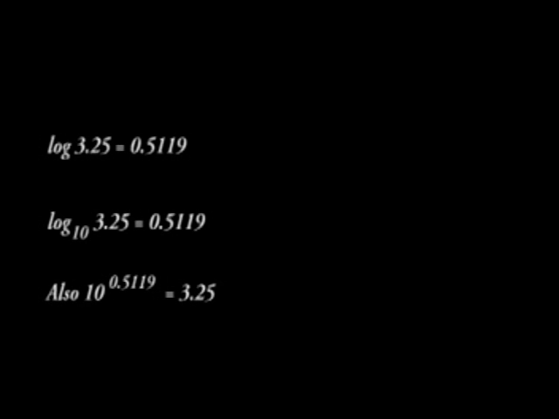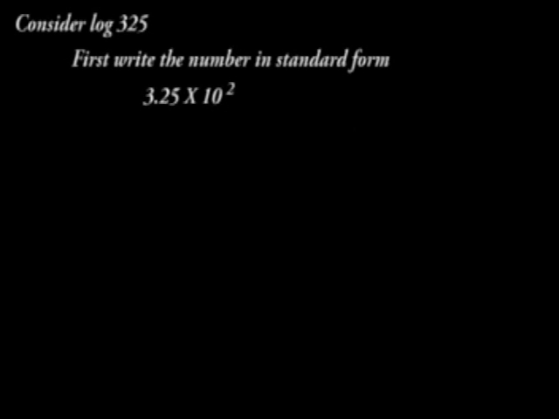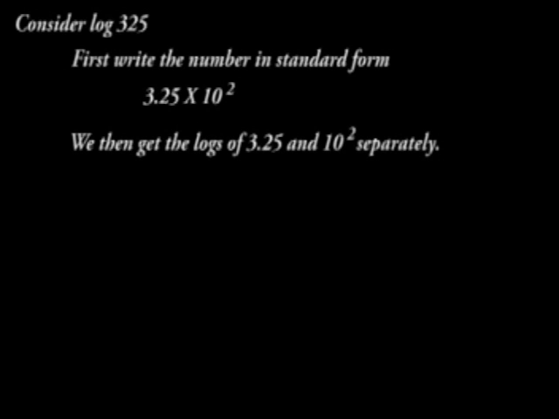The logarithms of numbers between 1 and 10 are read directly from the tables. Logarithms of numbers greater than 10. Consider log 325. We first write the number in standard form, which is 3.25 times 10 to power 2. We then get the logarithm of 3.25 and logarithm of 10 to power 2 separately.